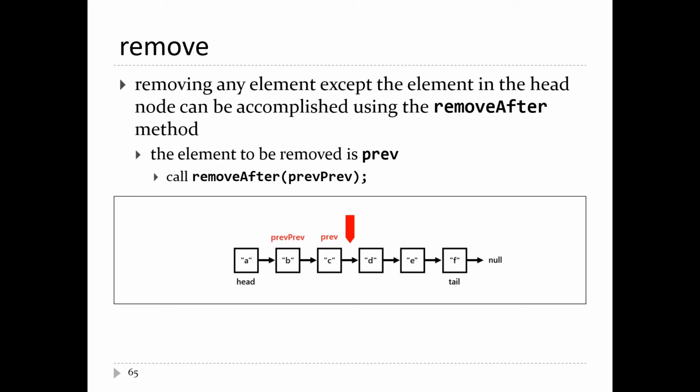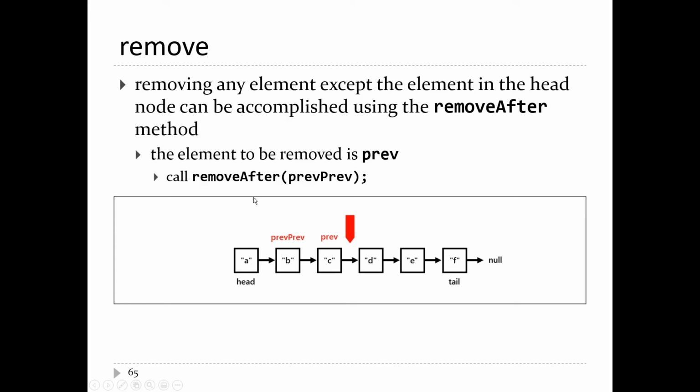So to remove an element, except for the element in the head node, we can remove the element using our remove after method. The element to be removed in this situation is the node that's referred to by previous.